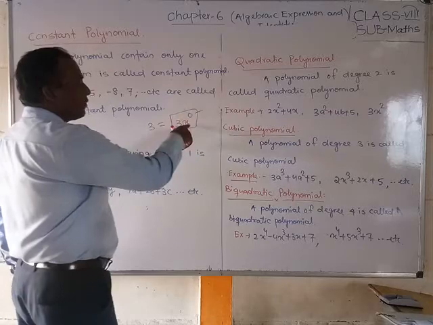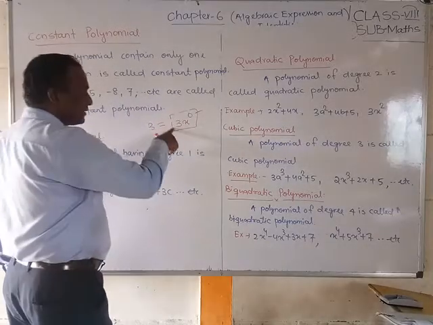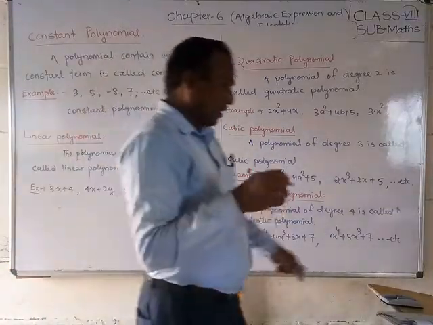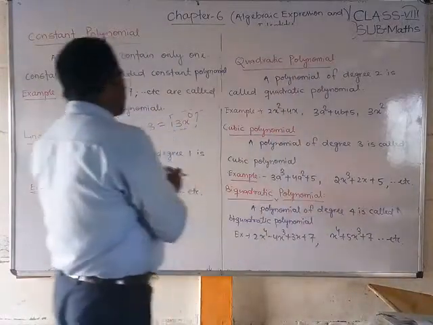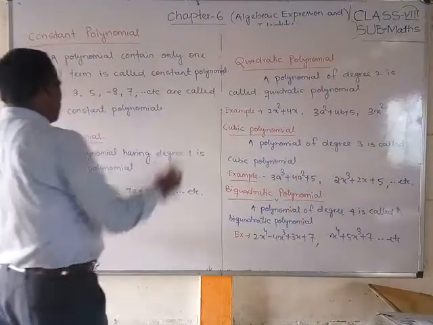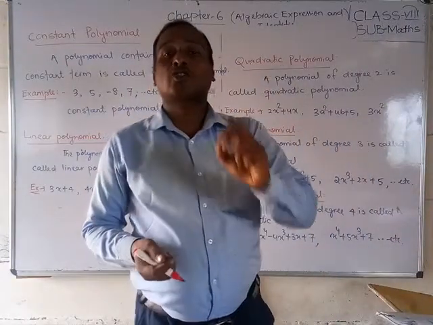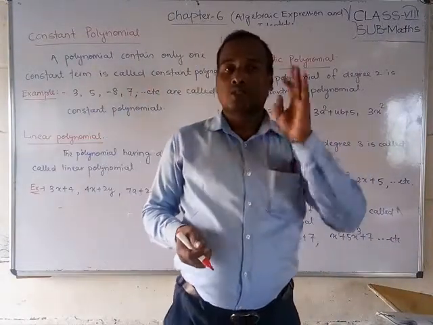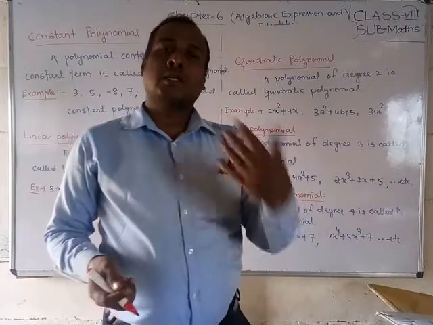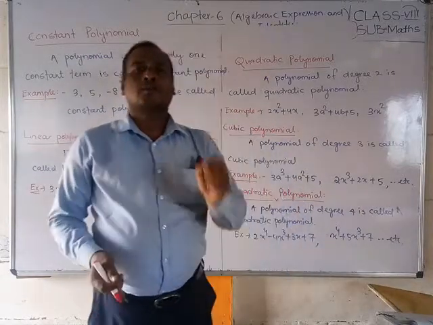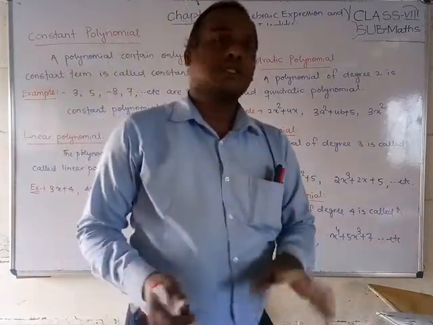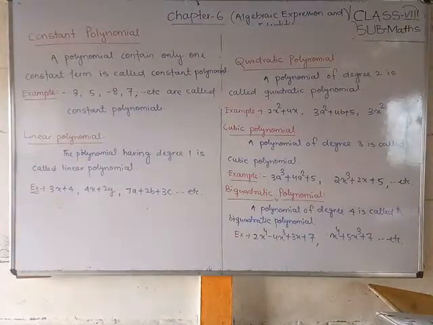So it is a polynomial and an algebraic expression. So every constant term is also an algebraic expression, you can say that way. But every constant term we say is a constant polynomial. Did you understand, friends? So 7, 8, minus 3, minus 2, minus 1, these are all polynomials also. Friends, observe here.